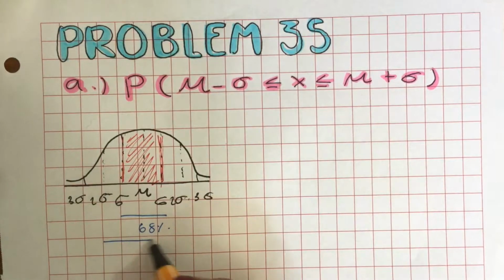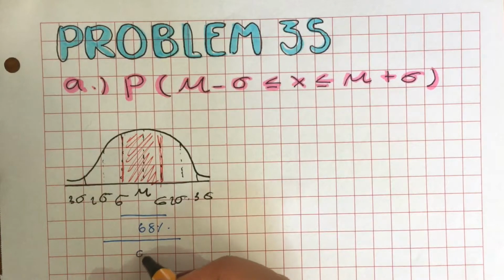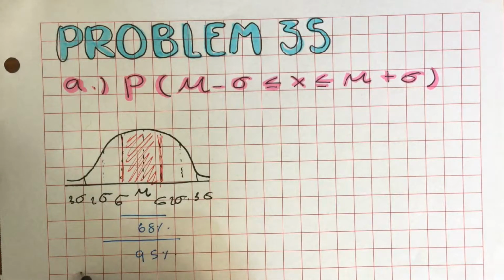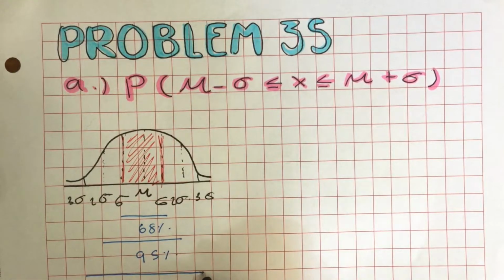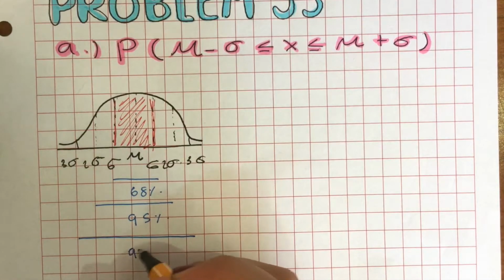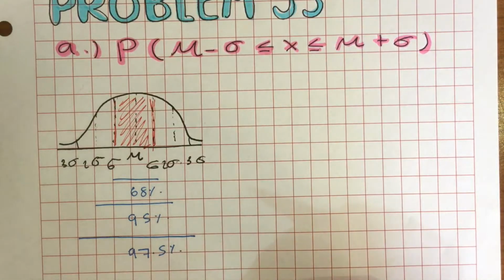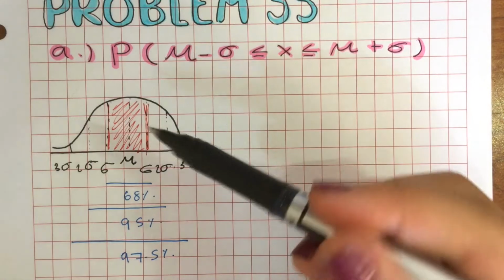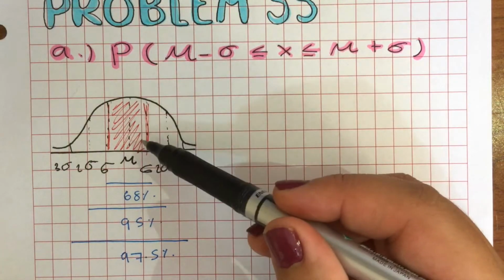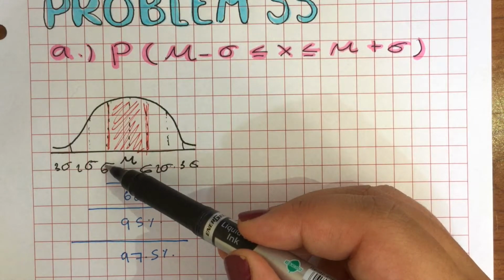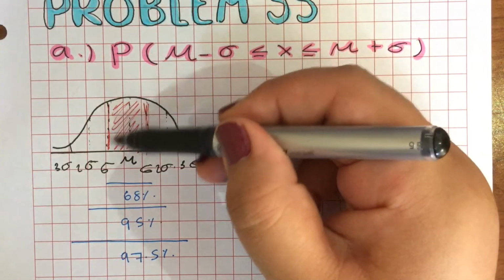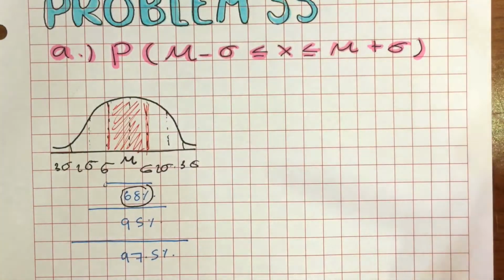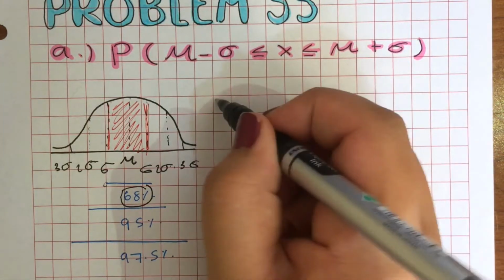From the second sigma to the other second sigma, it's 95%. And from the third sigma to the third sigma is 97.5%. So we know that they are asking us for the mu, which is the mean, minus 1 sigma and plus 1 sigma, and they're asking us for this range, then they are asking us for this percentage. So the answer to insert A would be 68%.